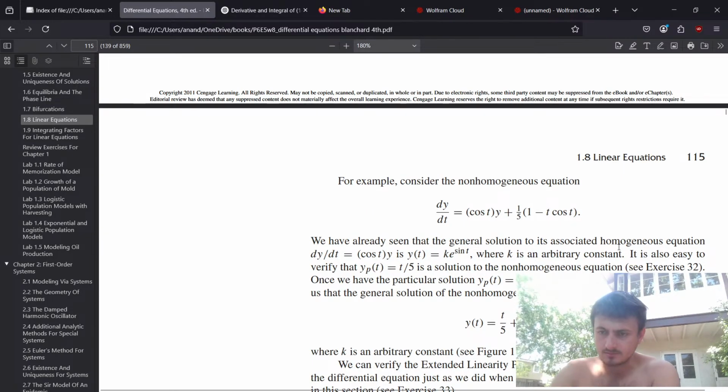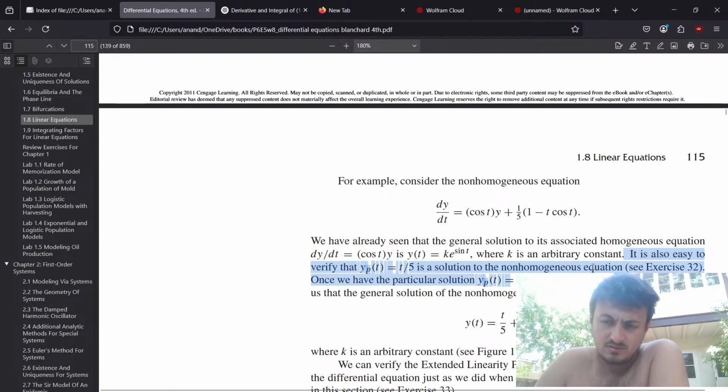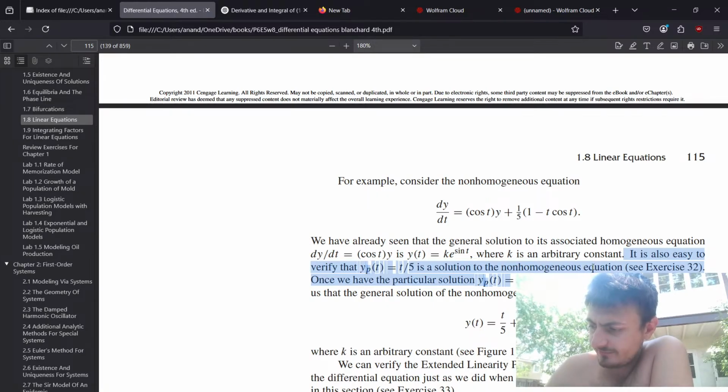Okay, wait, hold on. If yP is a particular solution equal to t over 5, then we're saying dy/dt is equal to cos t times t over 5 plus 1/5 times (1 minus t cos t).